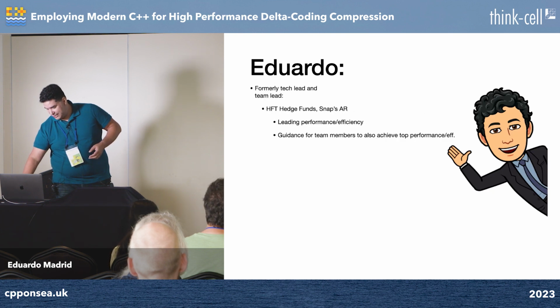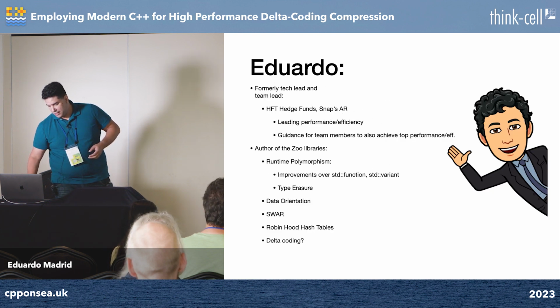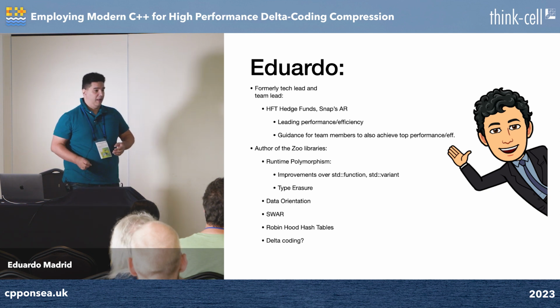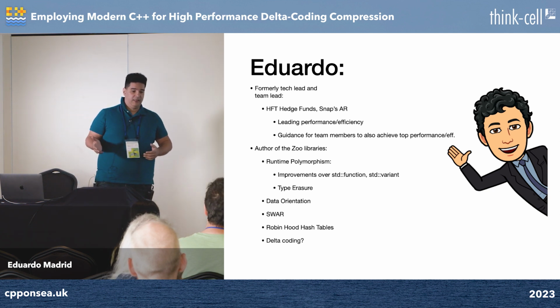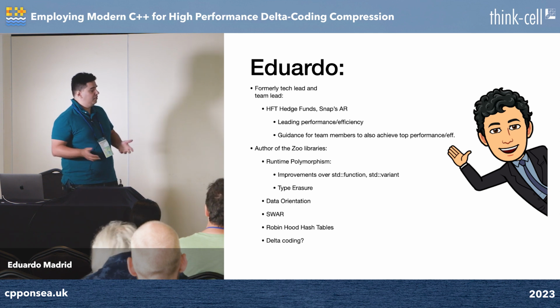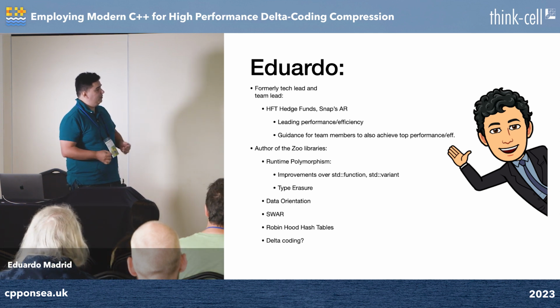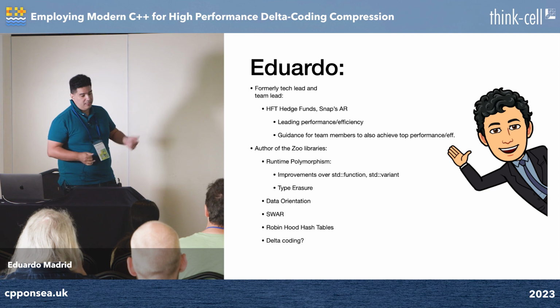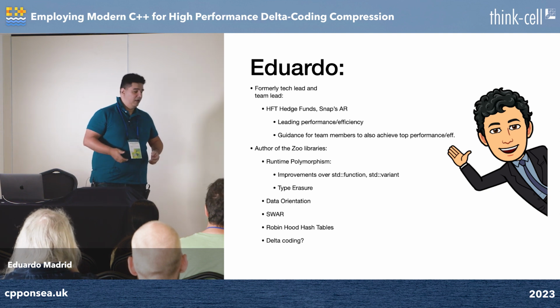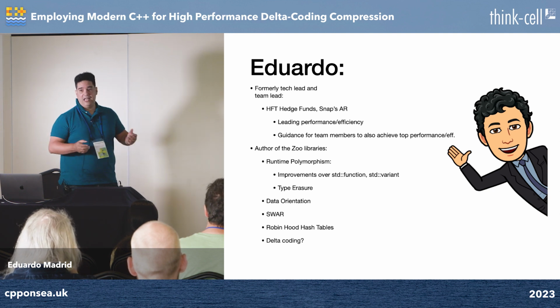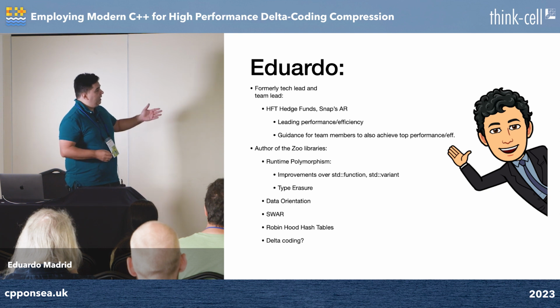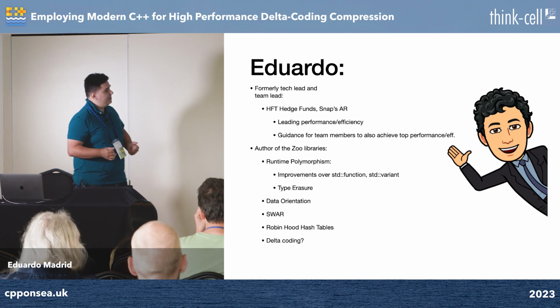For those of you that don't know me, I have been working as a tech lead or team lead for several organizations in different areas of software engineering, like high-frequency trading and startups like Snap, the maker of Snapchat. What they have in common is that we have been doing a lot of infrastructure for performance and efficiency.